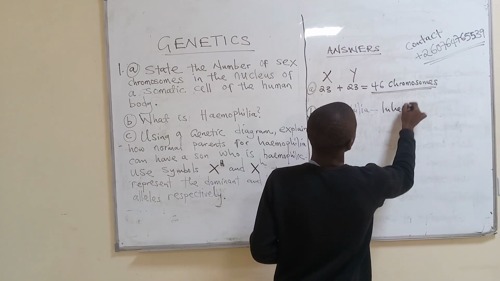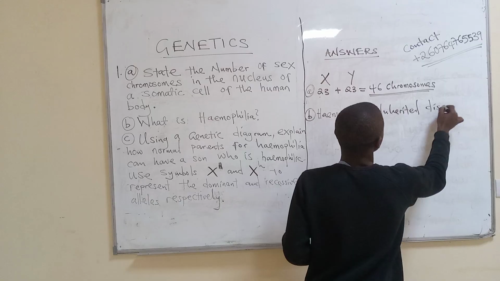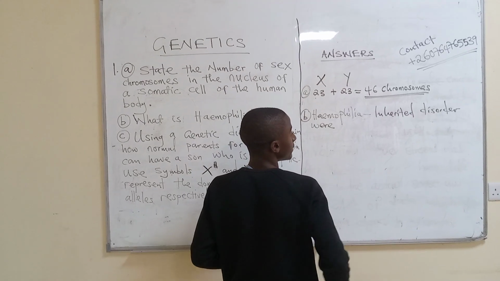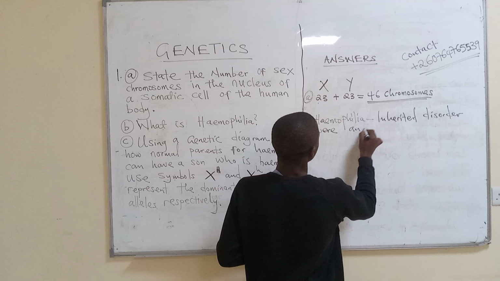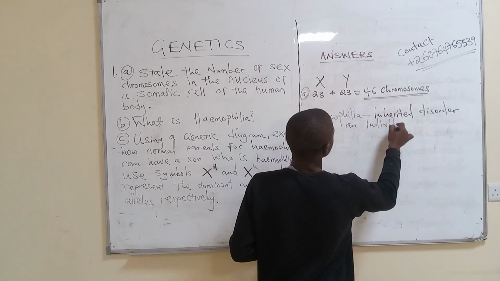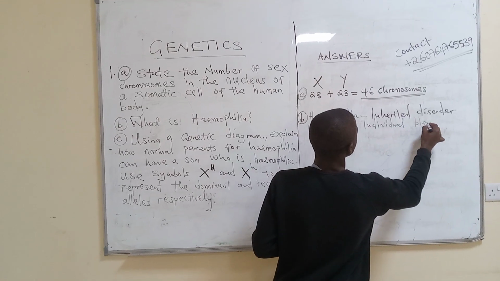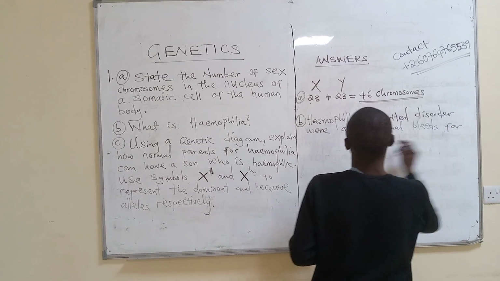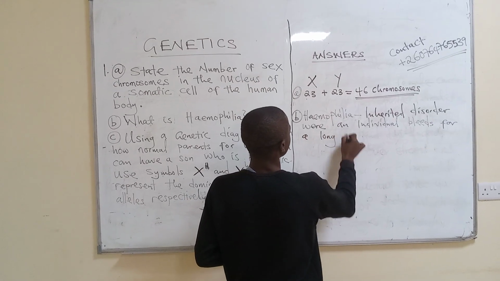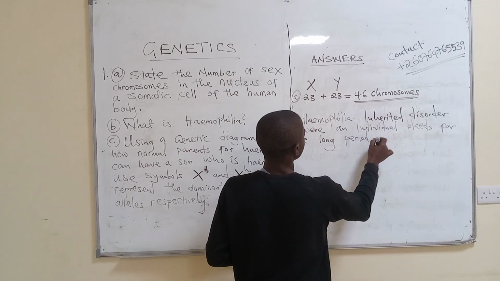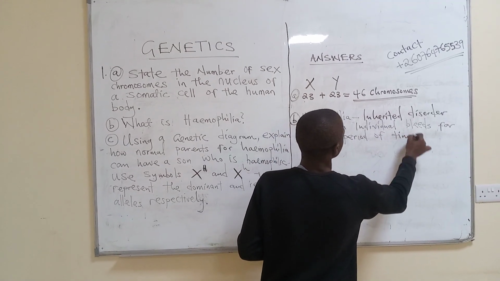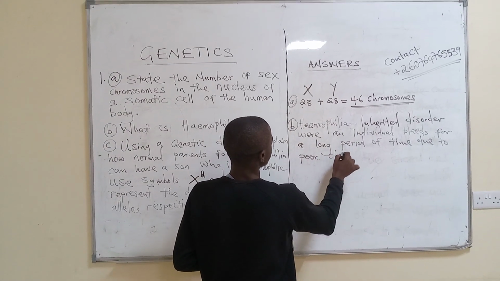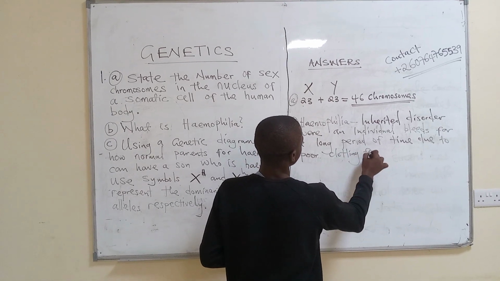So we can say hemophilia is an inherited disorder where an individual bleeds for a long period of time due to poor clotting factor.